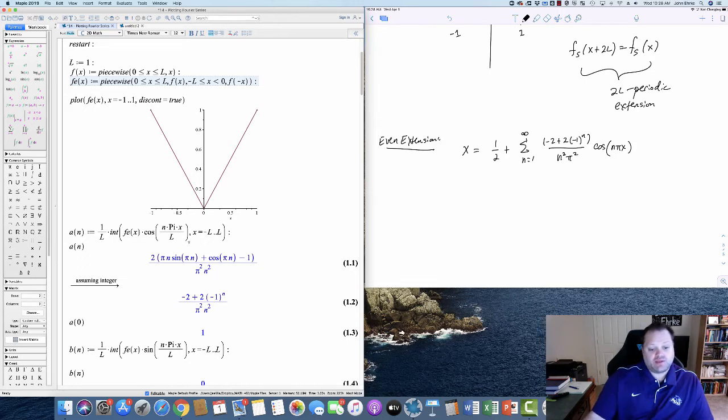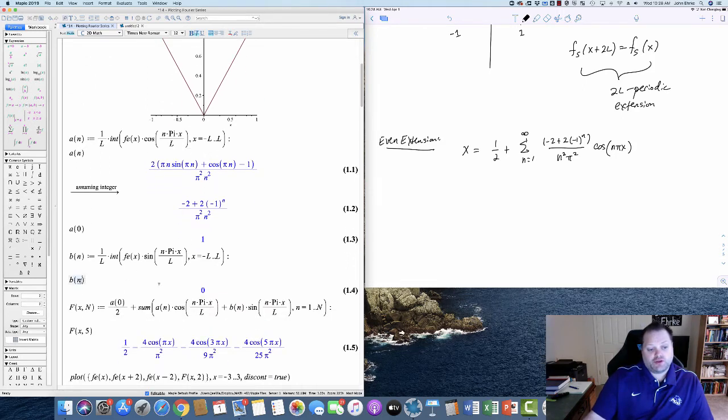And notice that the bn's, the formula for the bn's, because this is an even function times an odd function, the result of even times odd is odd, and you're integrating over a symmetric interval, so those coefficients all disappear. All the sine coefficients disappear.